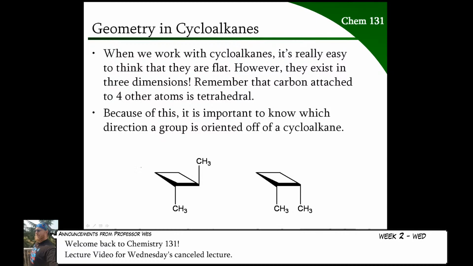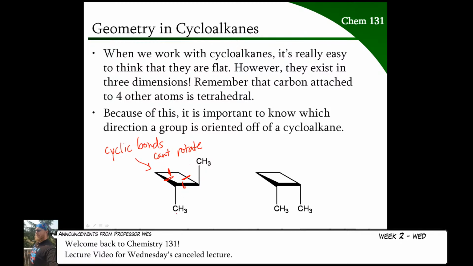So the end result is that cyclic bonds, sorry. So any bonds that are in the cyclic structure, they can't rotate. So this bond can't rotate, this bond can't rotate, this bond can't rotate, that bond can't rotate.